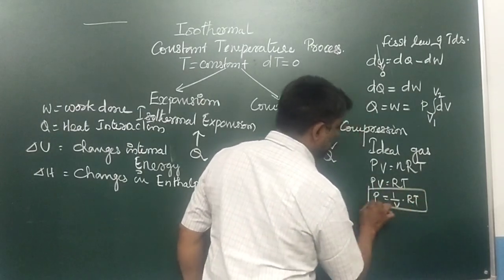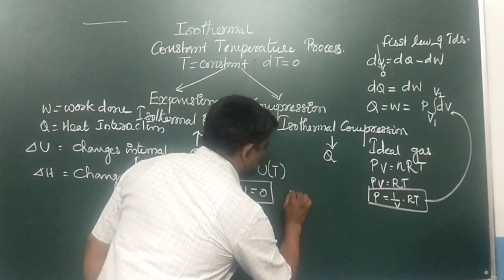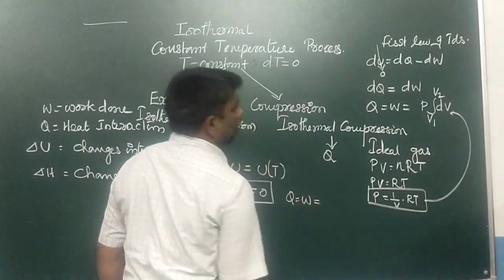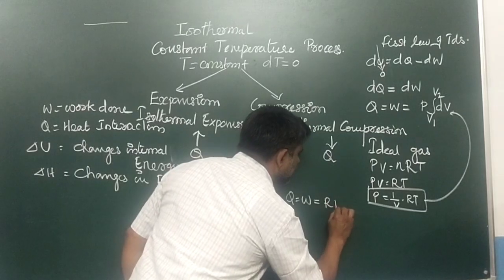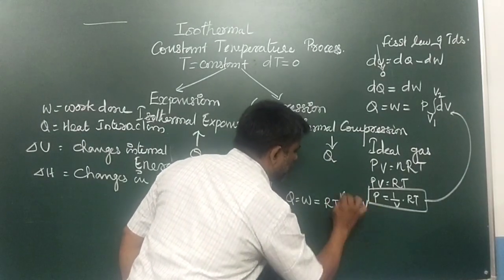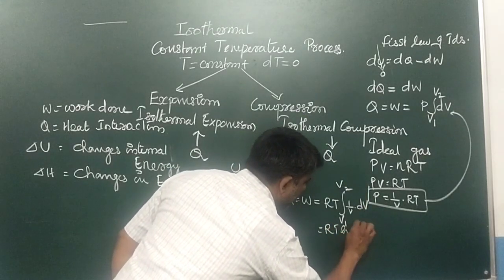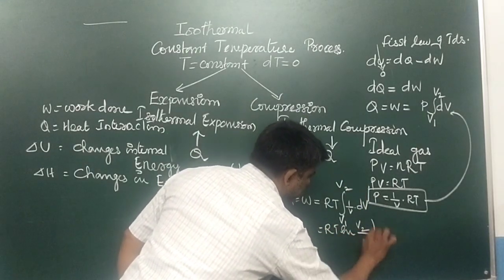Now I substitute this instead of P. So Q is equal to W is equal to RT integral 1 by V dV, limit V1 to V2. This becomes RT ln V2 by V1.